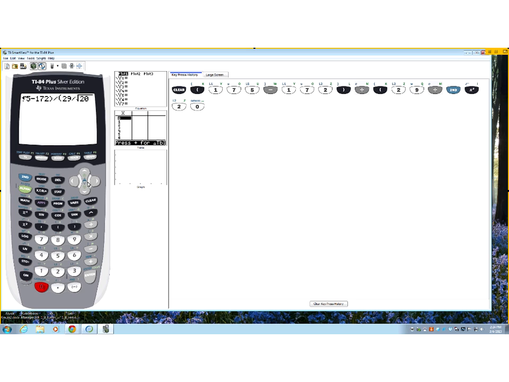In the older calculators, you need parentheses in your square root, so make sure you keep track of how many parentheses you have. You're going to need a parentheses to close your square root and another for the denominator. Here, I don't need that, so it's just the square root of 20, and I just have to make sure the denominator is in parentheses. And that's how I got the 0.46. Z-scores are rounded to 2 places.